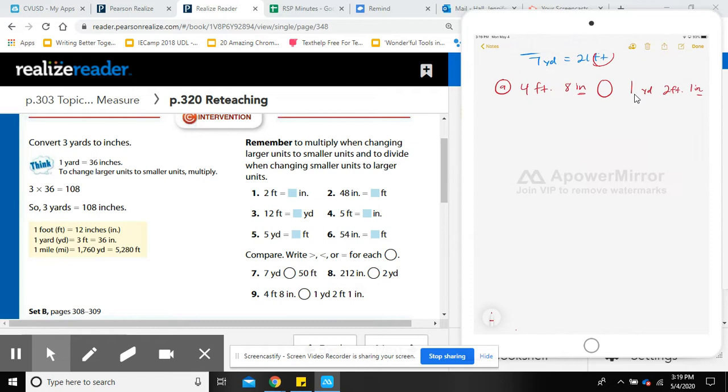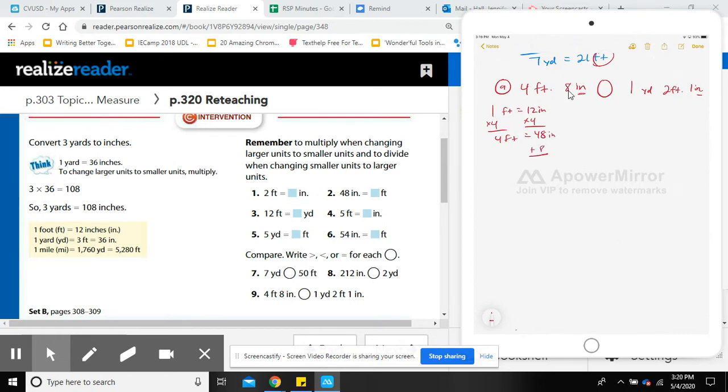So if 1 foot is equal to 12 inches, then 4 feet is going to be equal to, times that by 4, 48 inches. Okay, so we have 48 inches, plus we have this other 8 inches here, right?